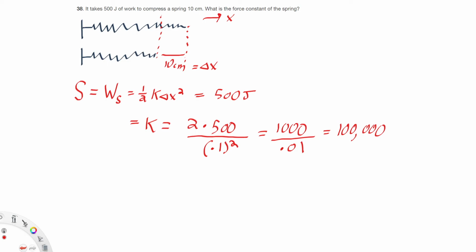Whereas the springs that you might see in a university lab setting are more like 15. And if you've got a slinky that you play with at home, the spring constant there is probably more like 5. So there's a huge range of constants that springs can have, all the way from like 1 to 1,000,000.